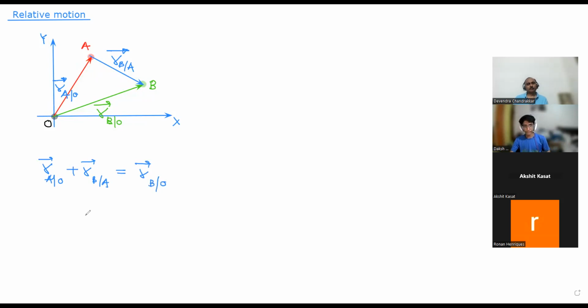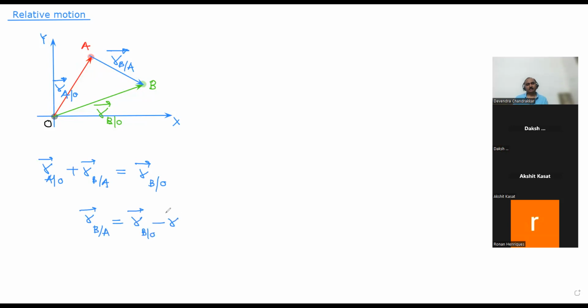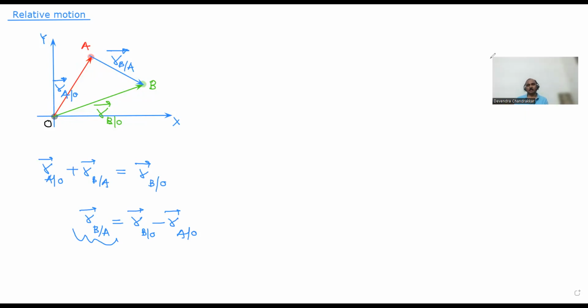Clear? So we have R_BA is equal to R_BO minus R_AO. Clear? This is how it is read. It is read as position vector of B with respect to A. So that is equal to position vector of B with respect to O minus position vector of A with respect to O.